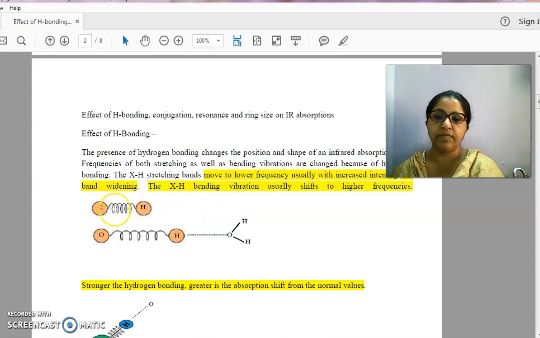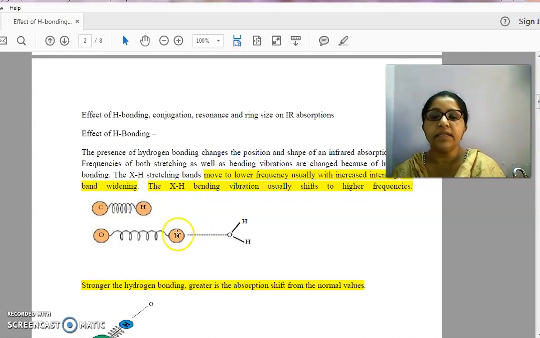A molecule can only have asymmetric stretching when you have 2 different bonds. Any molecule will have different bonds in it, so there can be asymmetric and symmetric stretching.